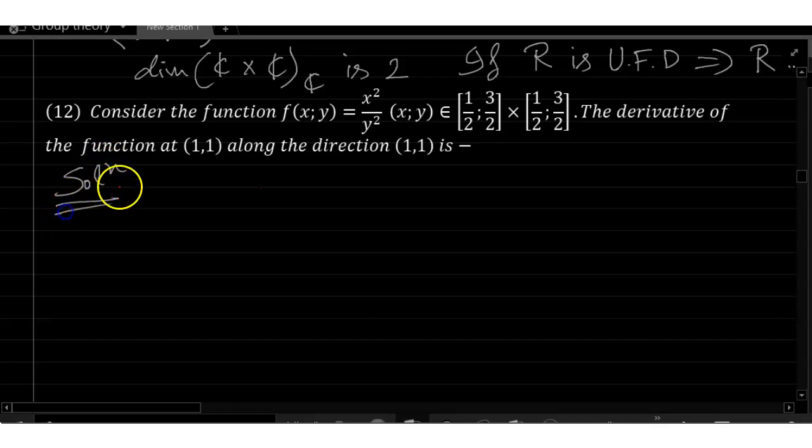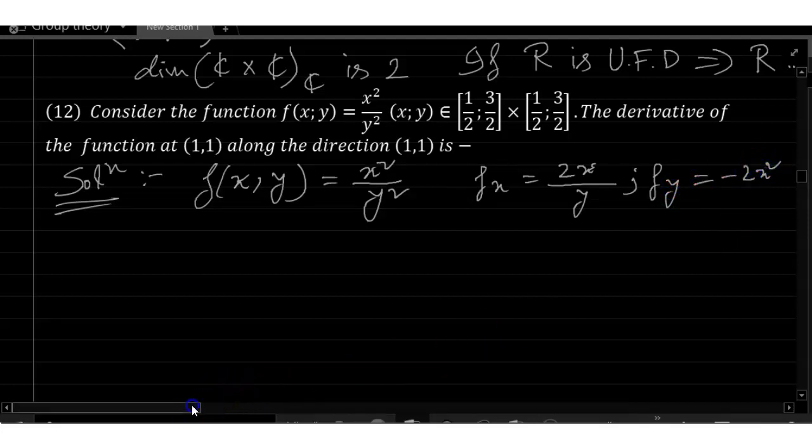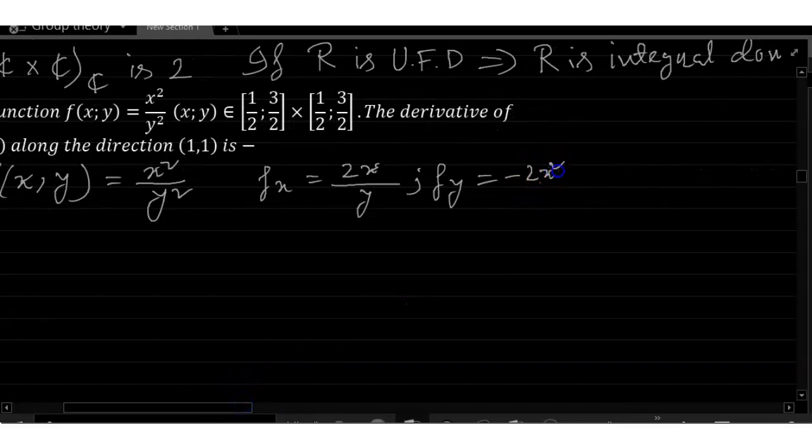Solution: f(x, y) equals x square by y square, fx equals 2x divided by y, and fy equals minus x square divided by y cube.